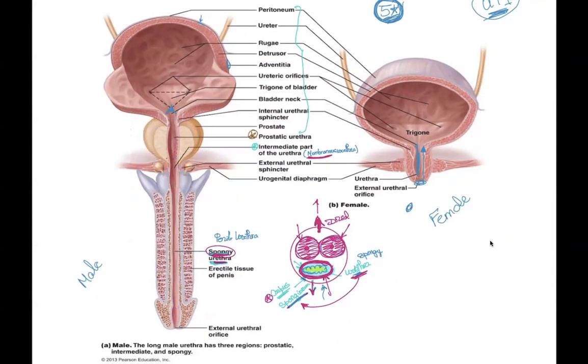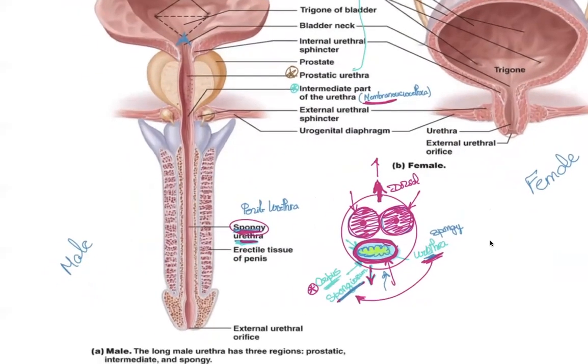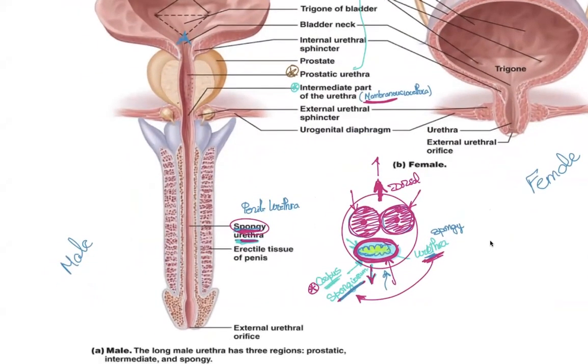That's why it is less common for males to develop UTIs compared to females. The first portion of the urethra here is traveling through the prostate gland. So we call this portion the prostatic urethra.